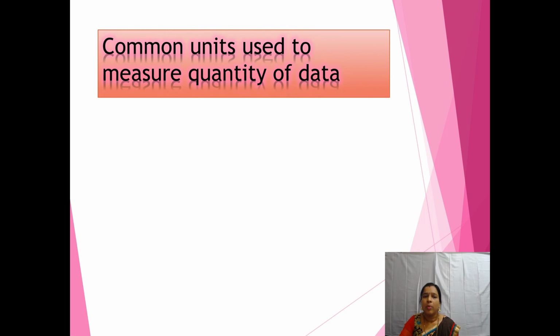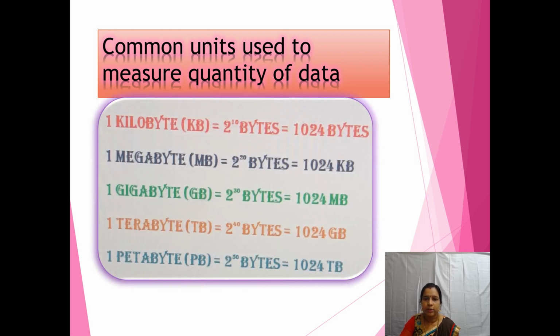Next we will move on to the common units used to measure the quantity of data. What units do we use to measure data? First, 1 kilobyte, shortened KB, equals 2 raised to 10 bytes, that is 1024 bytes. Then 1 megabyte, MB, equals 2 raised to 20 bytes, that is 1024 kilobytes.